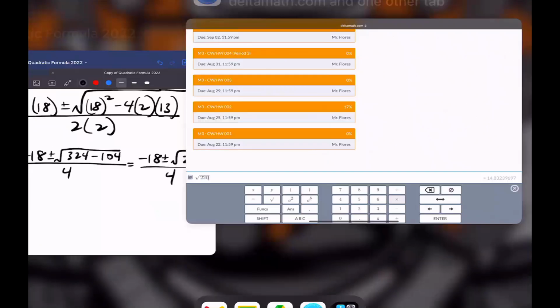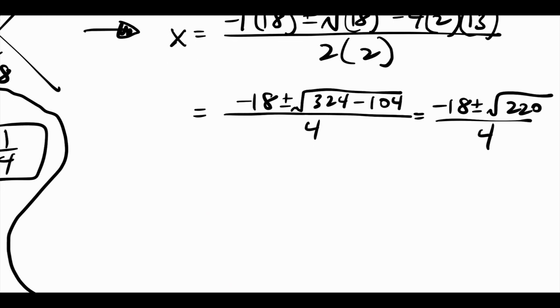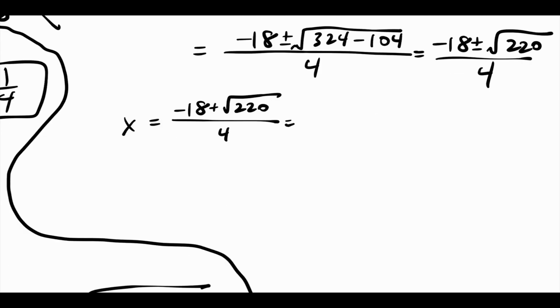So that means I'm going to have two answers: negative 18 plus the square root of 220 over 4, and negative 18 minus the square root of 220 over 4.